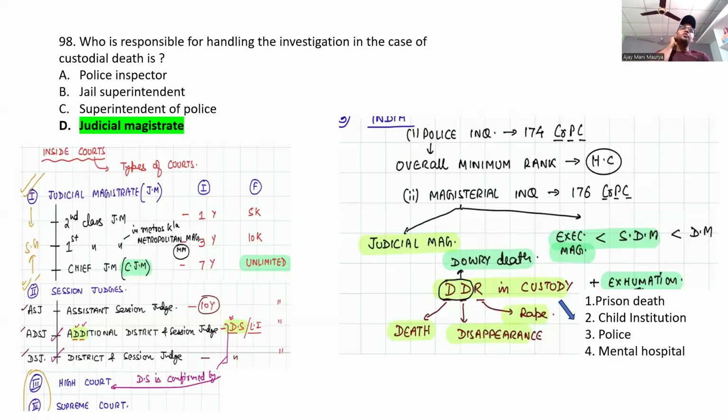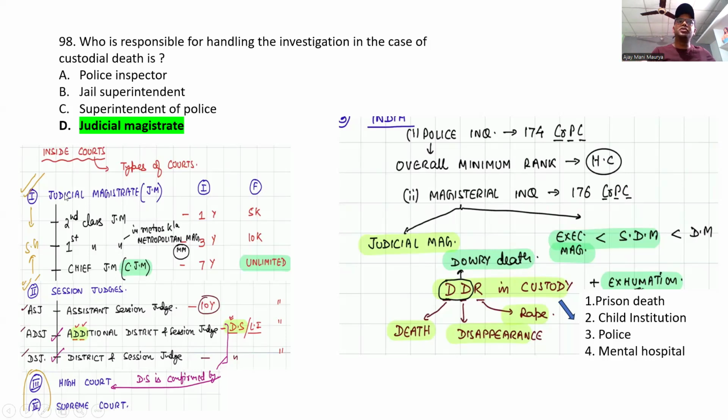Next: who is responsible for handling the investigation in the case of custodial death? Guys, see here, we have two here. Please remember this one. Inside the courts, guys, we have the types of courts here. See here, this is the lowest one, the judicial magistrate, JM. This is the imprisonment power and the fine.